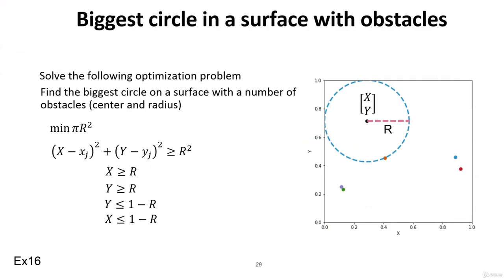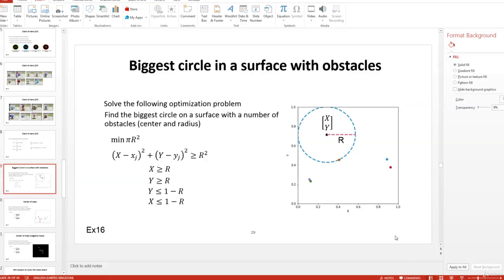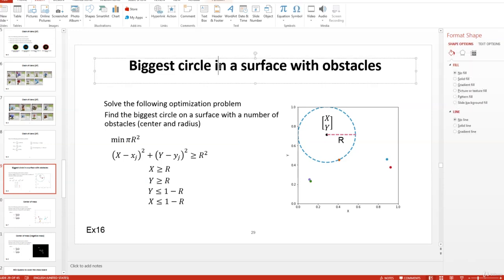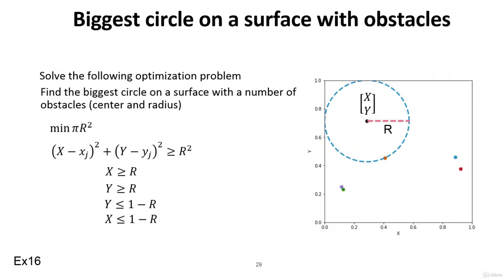Okay, this example is referring to finding the biggest circle on a surface with some obstacles. So suppose we do have a given surface.